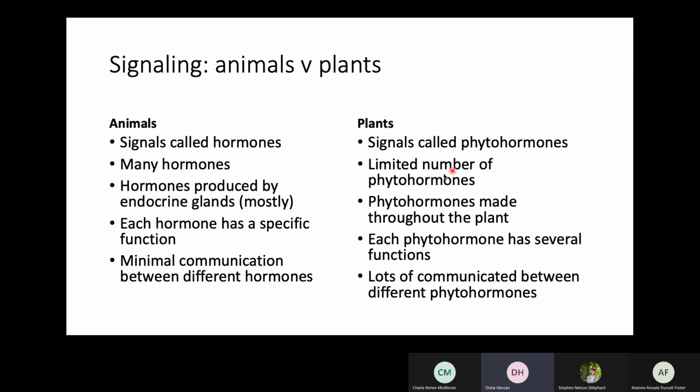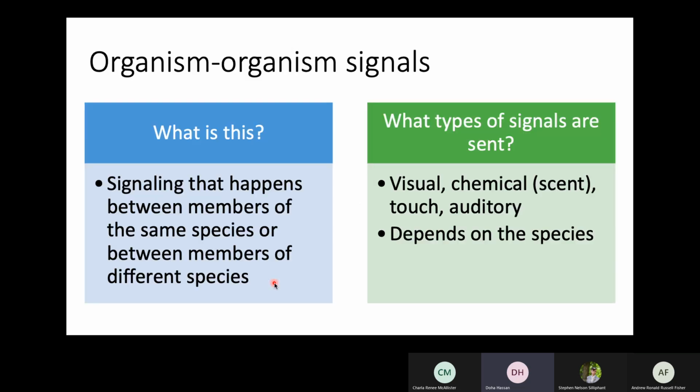But with plants, because they have very few different kinds of phytohormones and each one has a task that overlaps with the others, they need to communicate really well so that they don't end up doing something twice or overdoing something. Or maybe one of them leaves out a specific task. So they want to communicate with each other to make sure that they're getting all the things that they need to get done. Whereas with our hormones, because each one already has its specific task, it's not really necessary that they communicate too often. So those are the main differences.